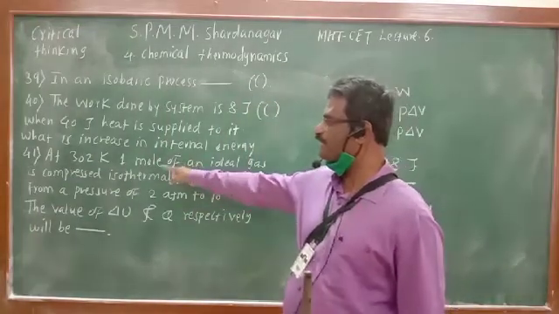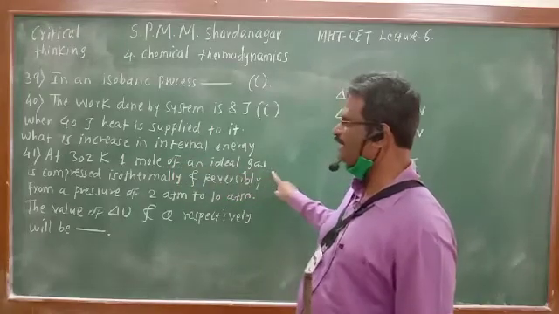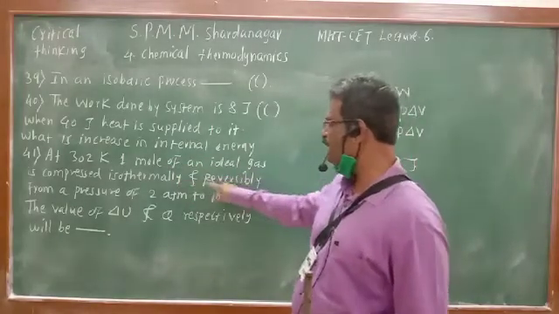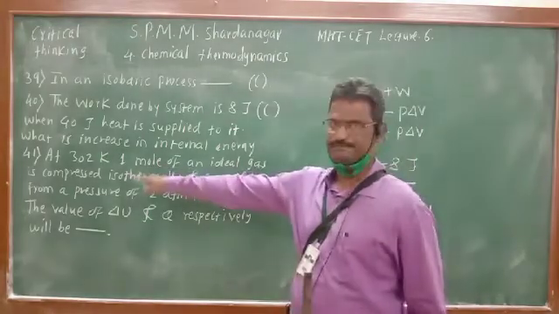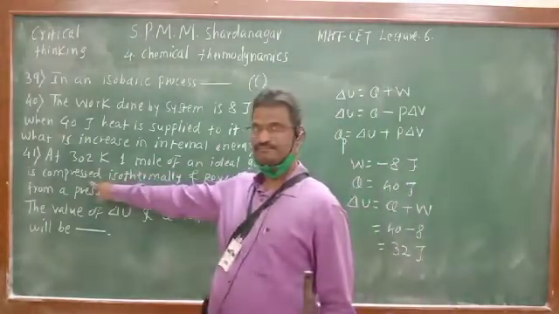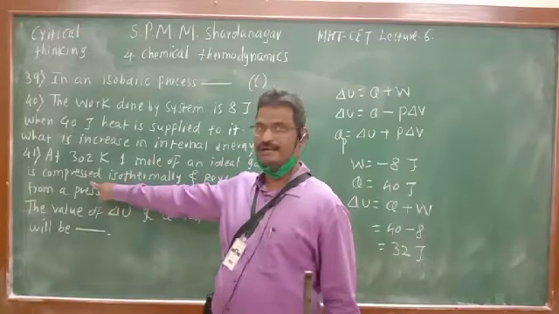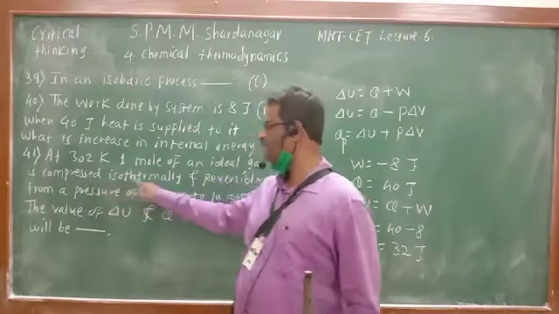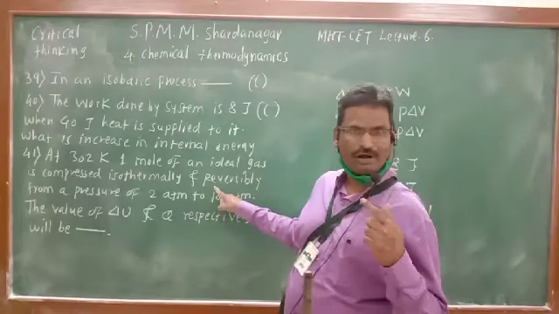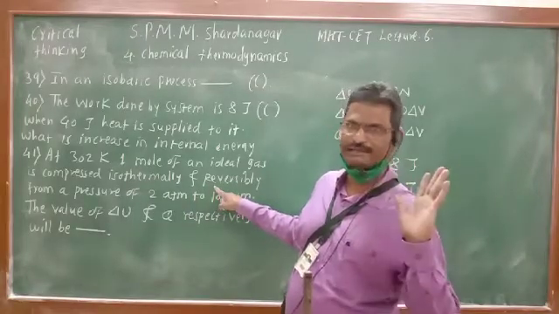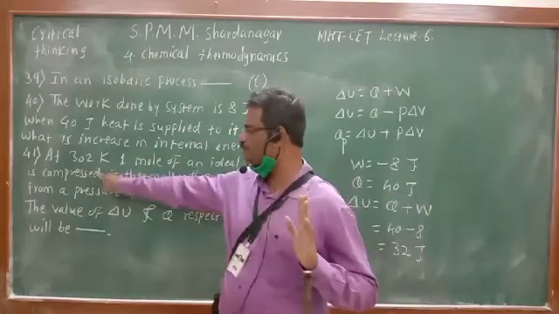Now see question number 41. At 302 Kelvin, 1 mole of an ideal gas is compressed isothermally and reversibly. Compression means work done, positive or negative? Positive work. Isothermal and reversible means maximum work is obtained, and that is a positive work.